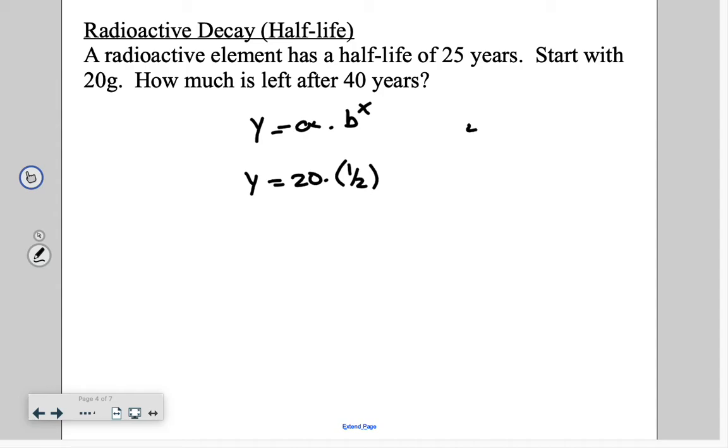So if you take 40 and divide it by 25, I believe you get 1.6. You could leave it as a fraction if you want. In this case, that's your exponent, the 1.6. 40 years later, you're 1.6 half-lives in. One full half-life, and then 6/10 of the way through the next half-life.